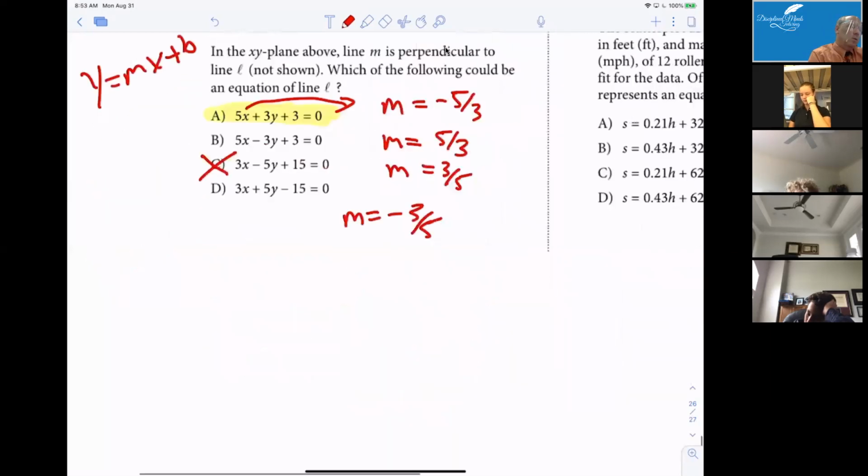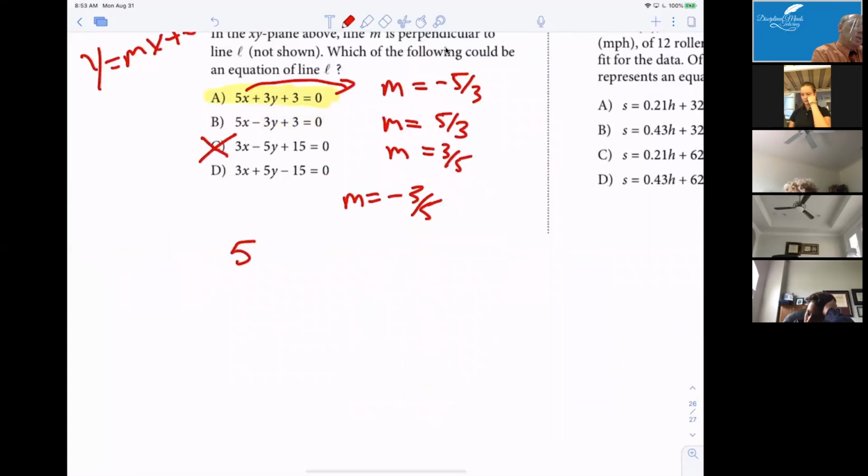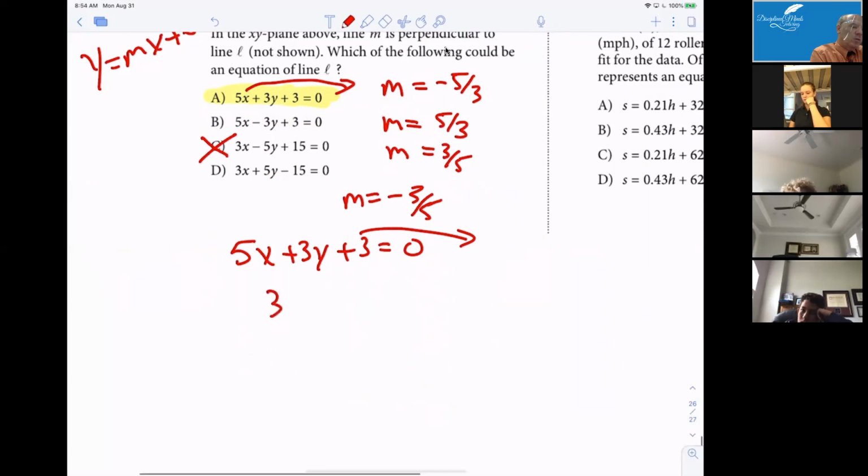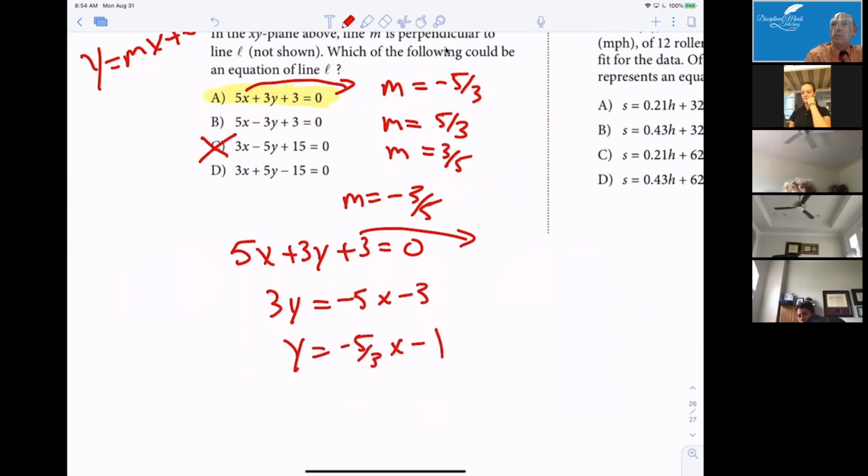Let me go slow. Here, watch. You'll see it's really simple. Now, technically, I should move this over also, but do I care about the y-intercept when I'm looking for the slope? So 3y equals negative 5x minus 3. Y equals negative 5/3 x minus 1. Sam? Does that make sense or not?